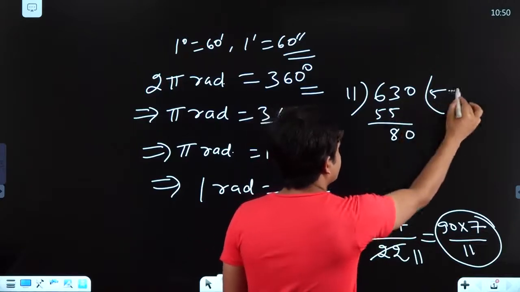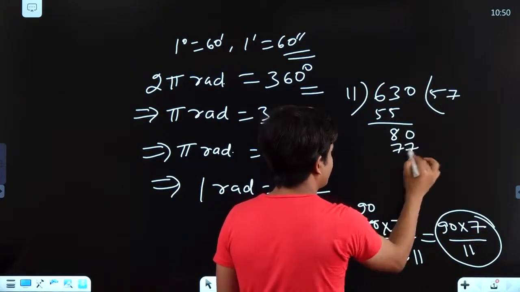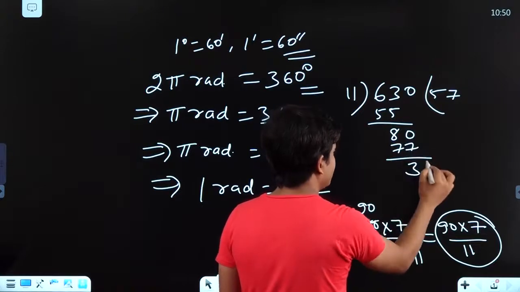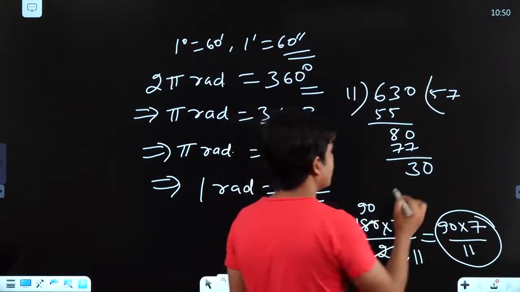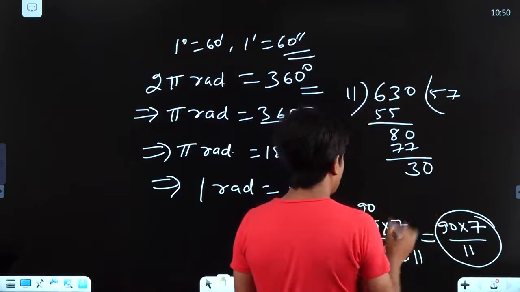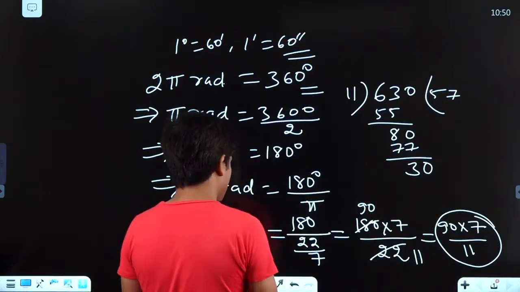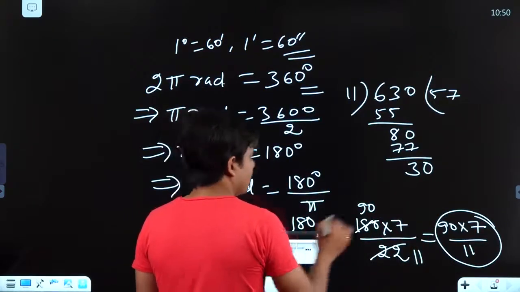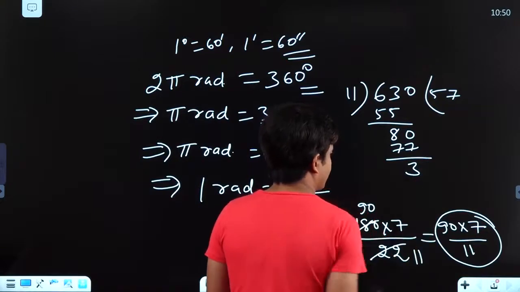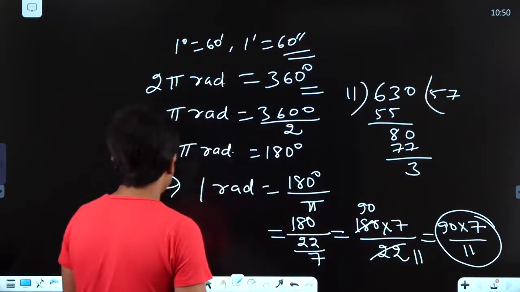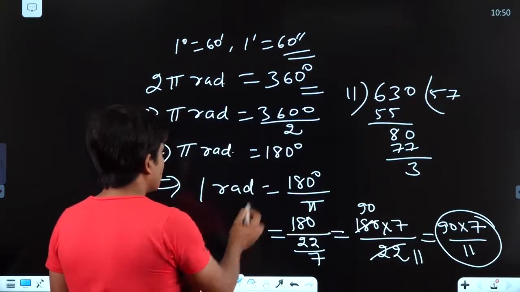Now 7 11s are 77. We will get 3 and 0 over here. There is no need to take this 0. Okay, we have this as a remainder.